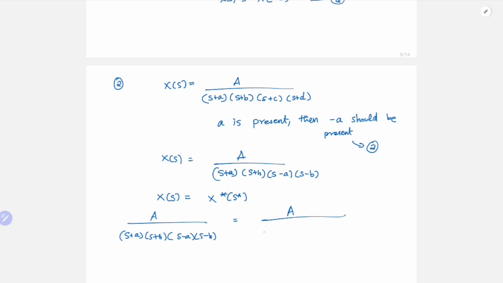It's a real number. So I'll have s star plus a star, right? First let me do this. On top of this, I'm going to take a star again. So again, s star plus b star, s star minus a star into s star minus b star, whole star.